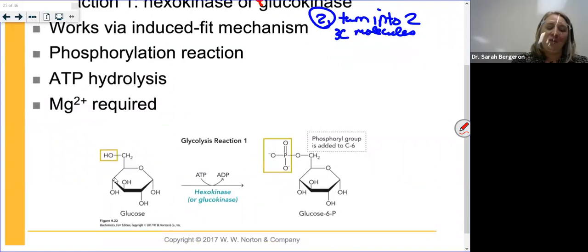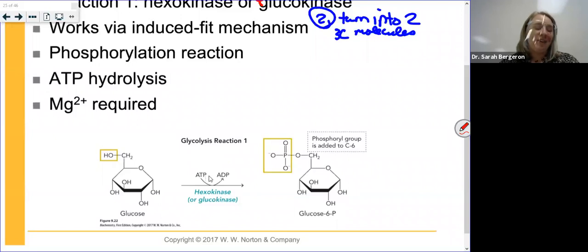So we start with our glucose, and what are we going to do? We're going to add a phosphate group to it. So what kind of an enzyme is it? It's a kinase. This makes sense. Yay, we're finally naming things well. All right, so where did that phosphate group come from? It came from ATP, right?